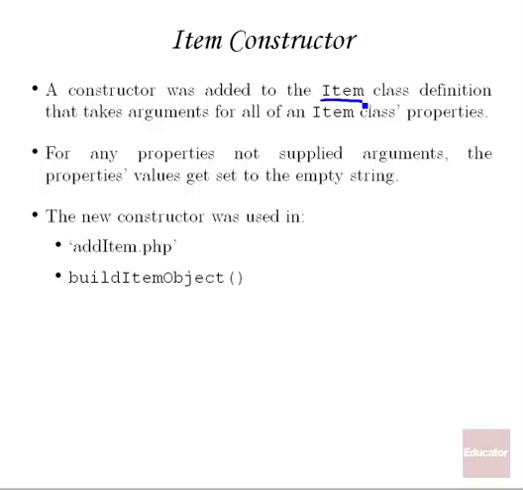And if you remember from our lesson on constructors, part of what constructors are used for is to set up an initial state of a particular object. And in this case, we're making sure that all of our values for an item class have at least a basic value set.